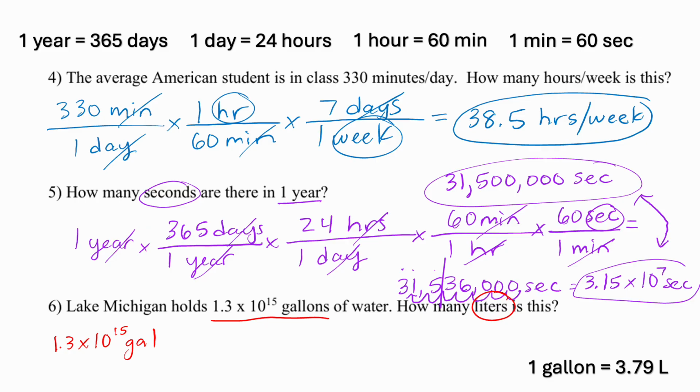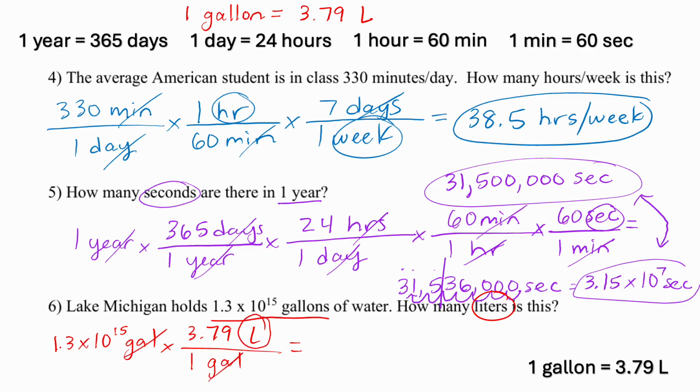So again, it's not written here. I'm really sorry about that. But in 1 gallon, it is equal to 3.79 liters. So if I'm trying to get rid of gallons, the 1 gallon is going to go on the bottom, and the 3.79 liters is going to go on the top. So gallons are gone. I'm left with liters.